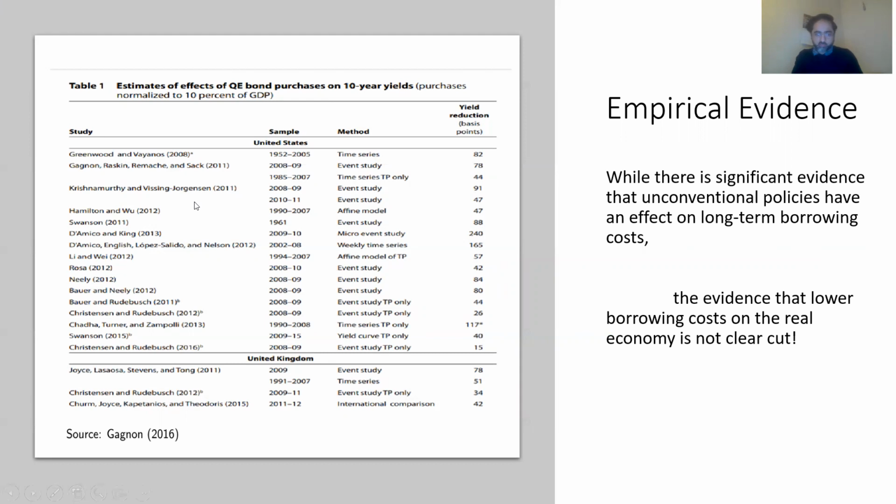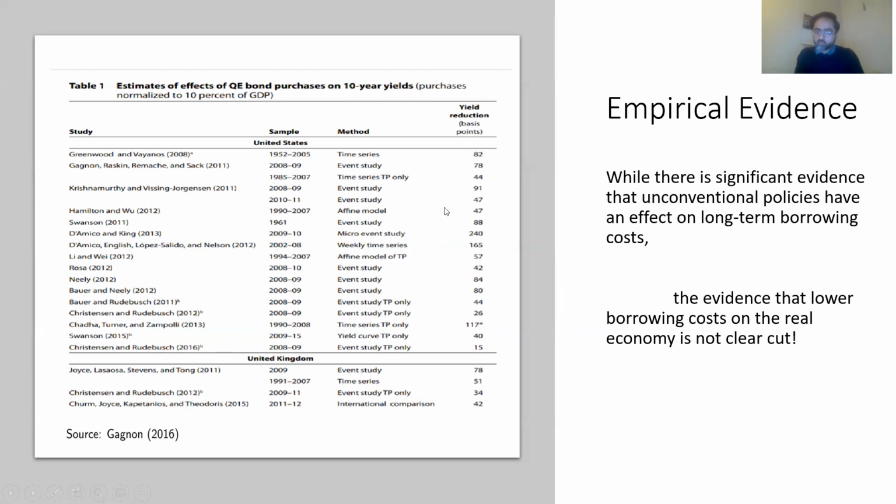Here's a table which is a compilation of different studies which have studied how QE, or buying long-term government bonds, in this case 10-year government bonds, affects the yield or the interest rate on these bonds. I've taken this table from a 2016 paper. It turns out in almost all the studies, yes, indeed, the long-term borrowing costs do go down. In some studies, the effect is much bigger.